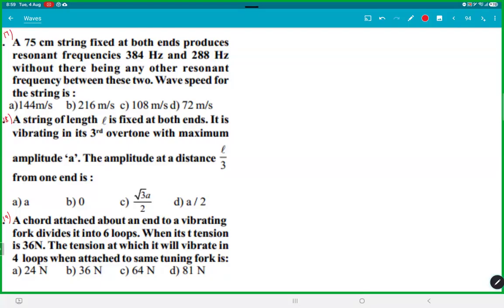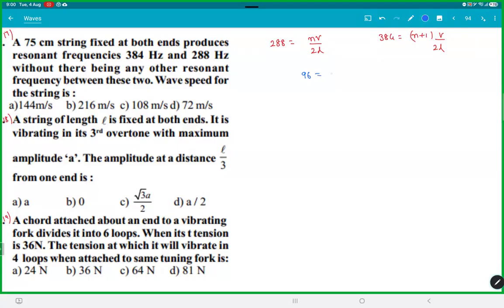But let's do it anyways. So frequency 288 is equal to, let's say, n by, I can use the formula nv by 2l. Whereas for 384, this is simply n plus 1 v by 2l. So if you subtract them, you'll end up with this.